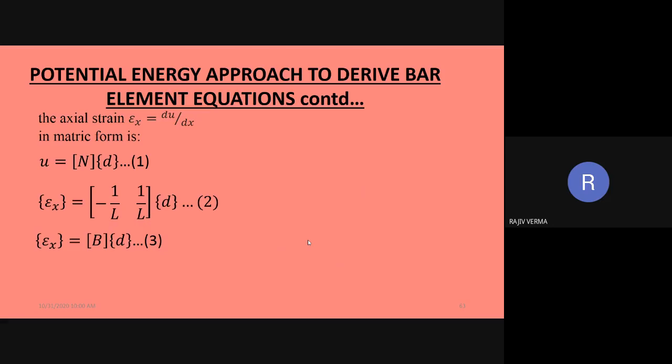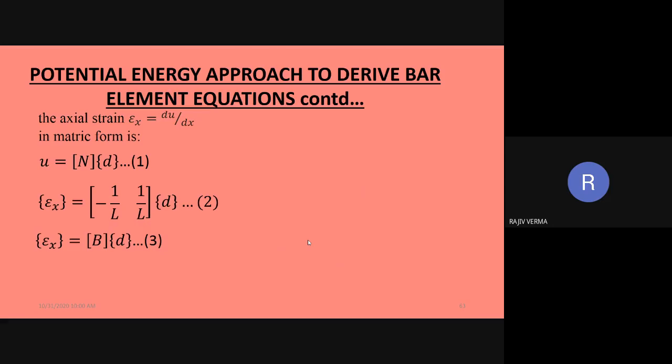Now, since strain is given by the differential of displacement with respect to x, and we already know the expression for displacement, we can differentiate equation number 1 to give equation number 2, which represents strain, where a matrix comes into the picture given by minus 1 by L and 1 by L, which is what is obtained when the matrix N is differentiated with respect to x.